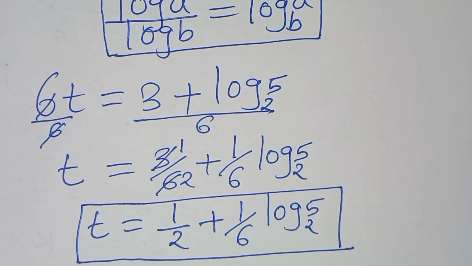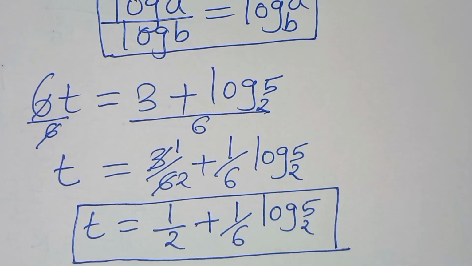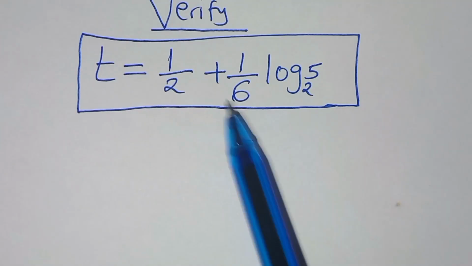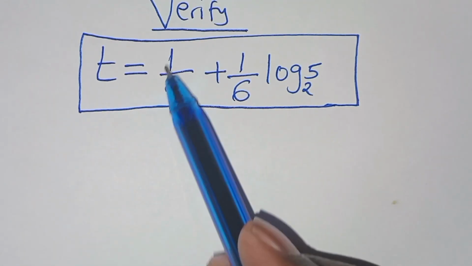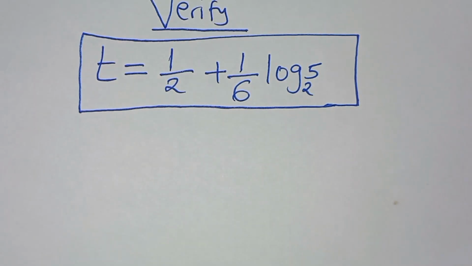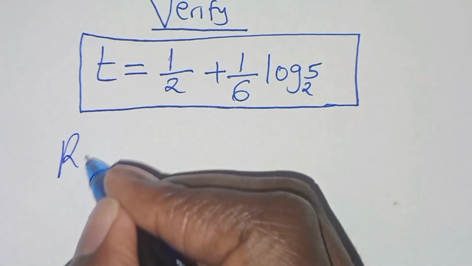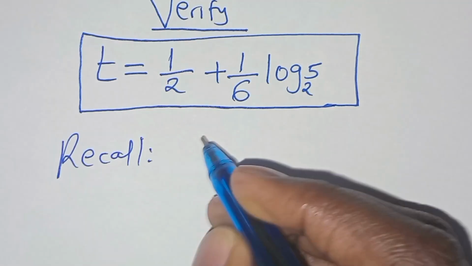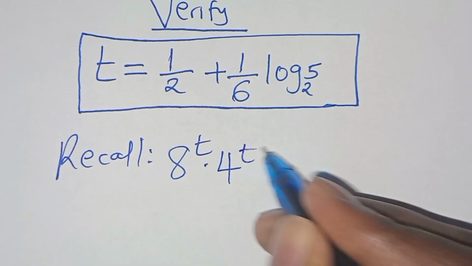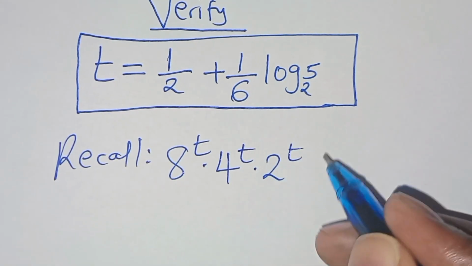Let's verify that this value of t actually satisfies the equation by following these steps. Let's verify that the value of t, which is half plus 1 over 6 log 5 to base 2, actually satisfies the equation. Now, if you recall, we had 8 to power t multiplied by 4 to power t multiplied by 2 to power t.